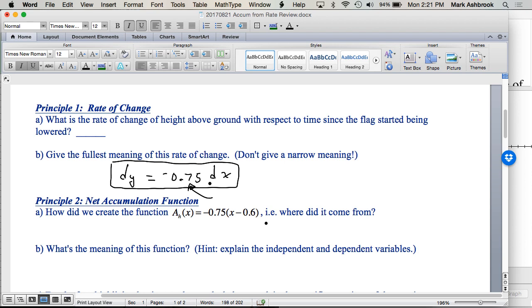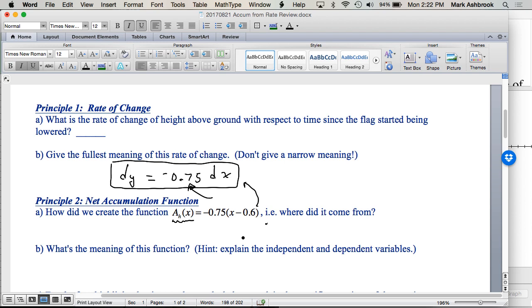Broadest and fullest. So how do we create this function then? Where did this function come from? That was the net accumulation function, negative 0.75 times x minus 0.6. Well, it came from this. It came from that because we wanted to get every change in height given a change in time starting from 0.6 seconds.